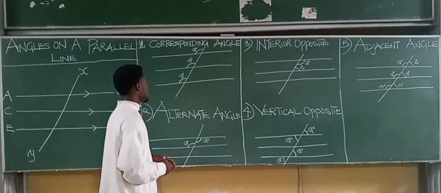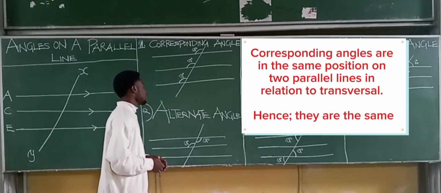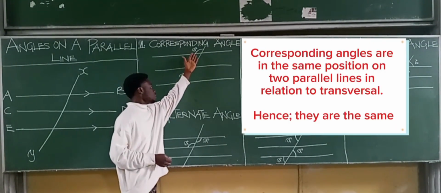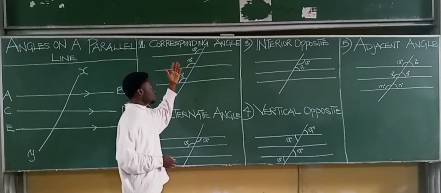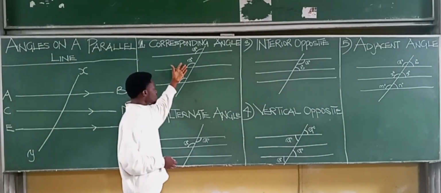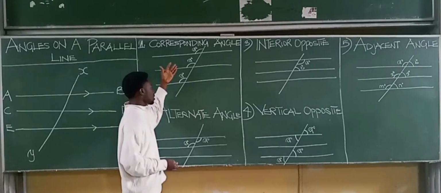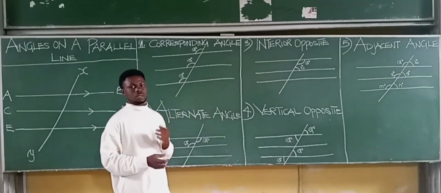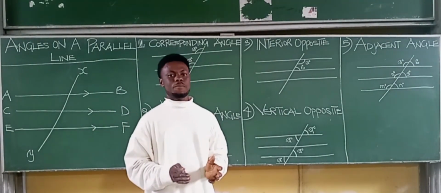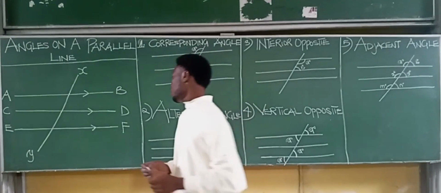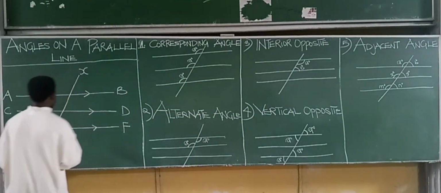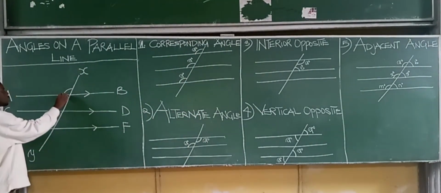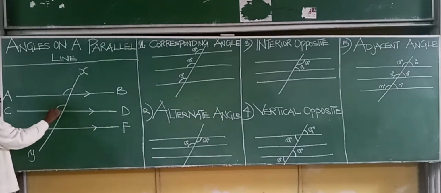Corresponding angles are on the same side of the transversal. Example, this angle A is the same as this angle, which is also the same as this angle. Corresponding angles are the same. Example of a corresponding angle using this diagram: this angle corresponds to this angle, also corresponding to this angle.